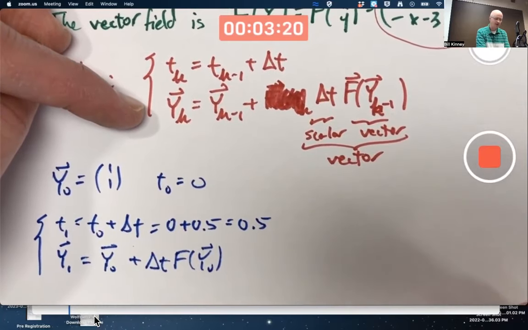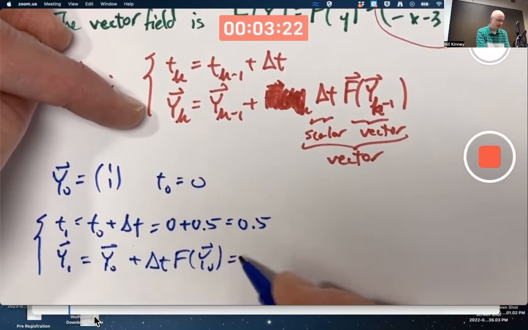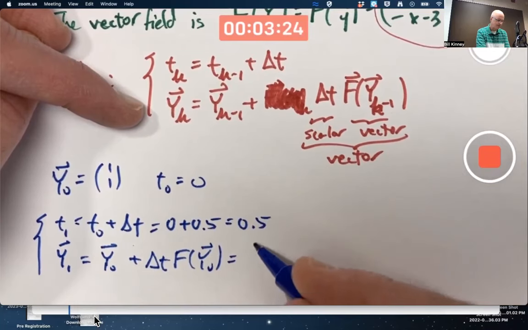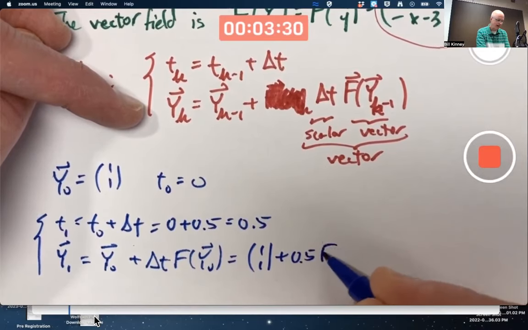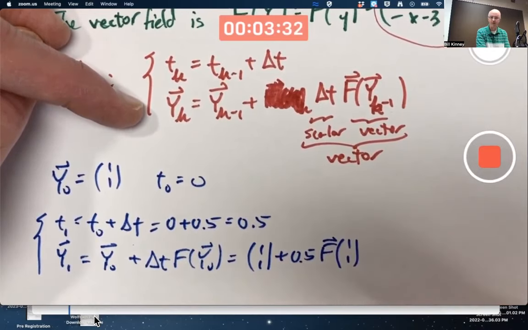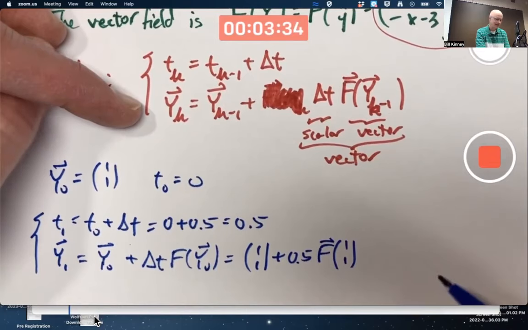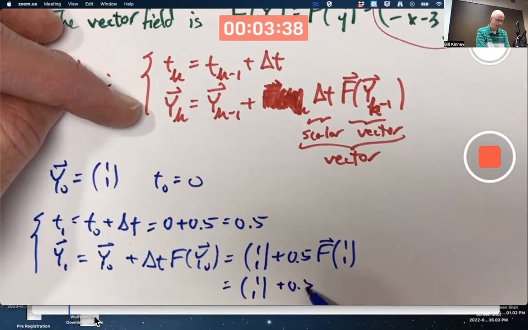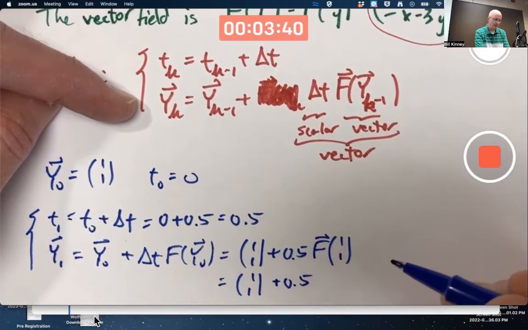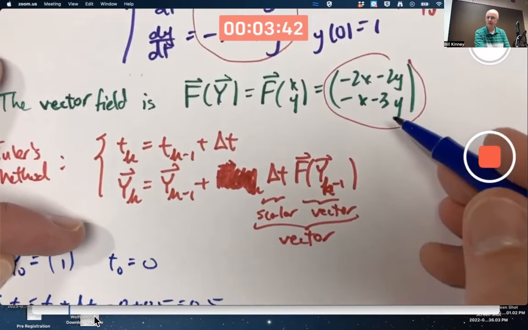What's going on here? We'll draw a picture after we plug in the numbers. Y0 is 1, 1. Delta t is 0.5. What's f of y0? Well, it's f of 1, 1, whatever that happens to be. What do I need to do to figure out f of 1, 1? I need to go up to the formula for the vector field.